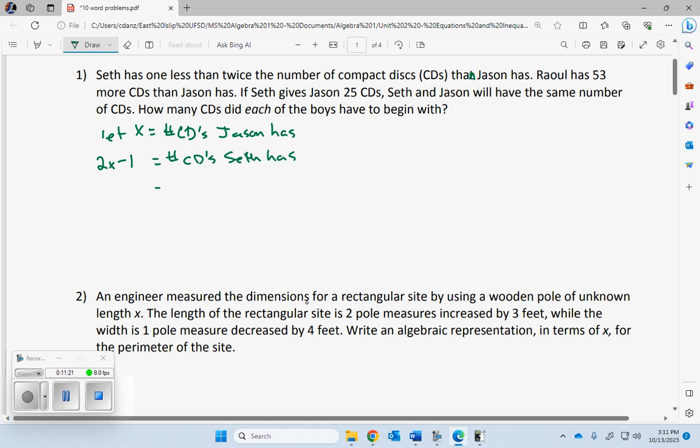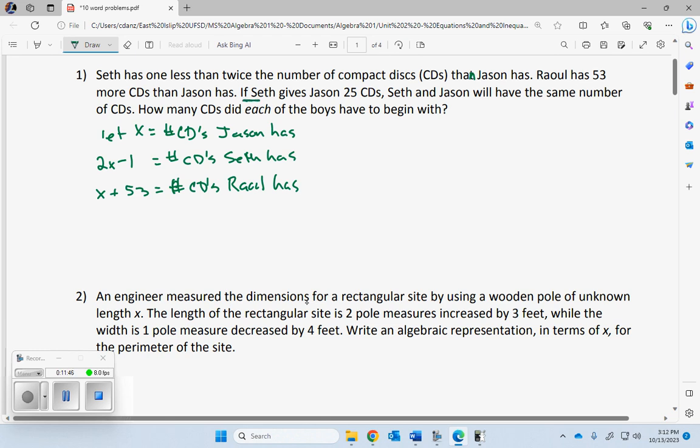Now, Raul has 53 more than Jason. So Jason was X, and Raul has 53 more. So these are our let statements for the three boys that have these CDs.